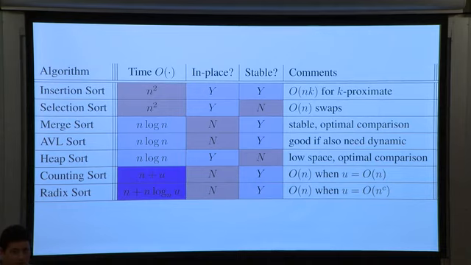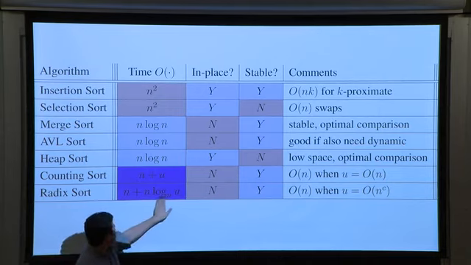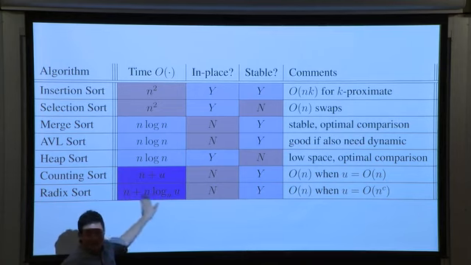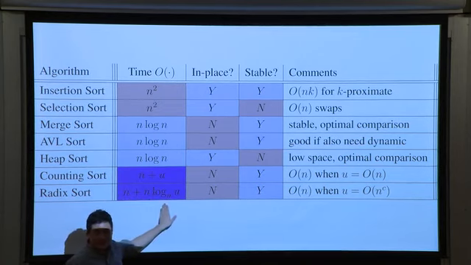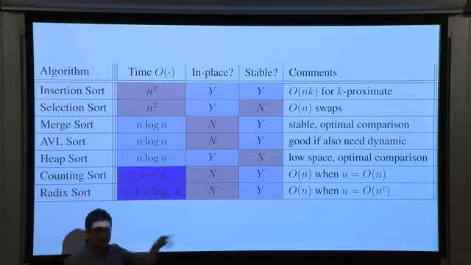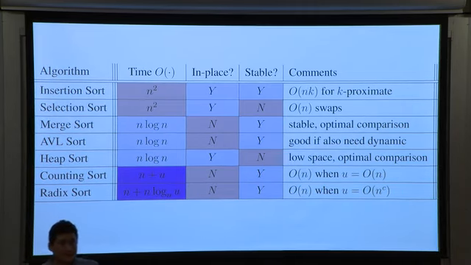Sure, yeah. But where's the, this will be worse than n log n when? Right? It's definitely better than n log n when u is polynomially bounded, right? Because it's linear. Yeah? When it's n to the n.